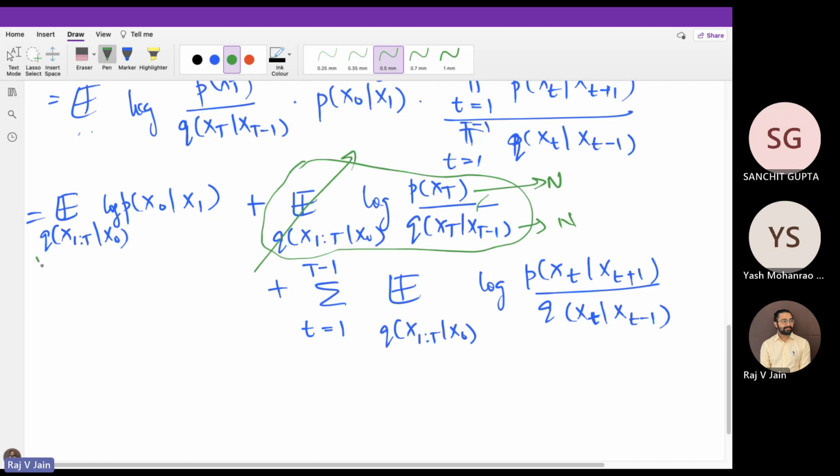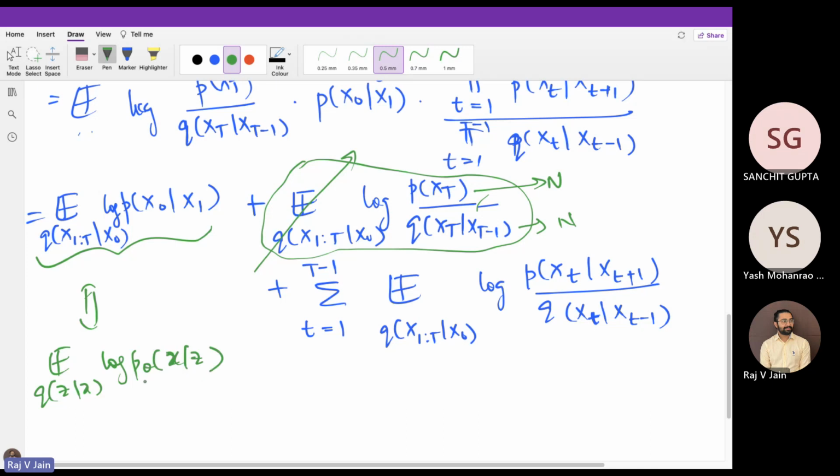Now this term should be reminiscent of something: VAEs. The reconstruction term. If you remember, this is very similar to the expectation over q of z given x of log p theta of x given z.